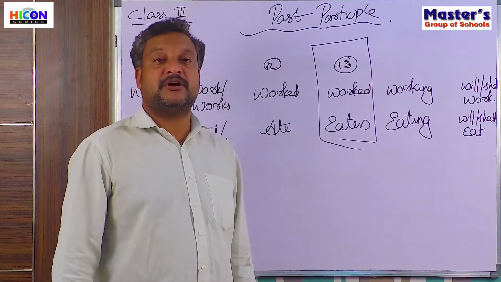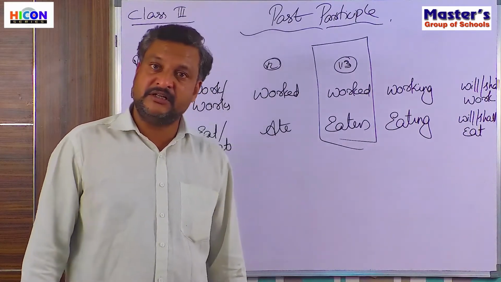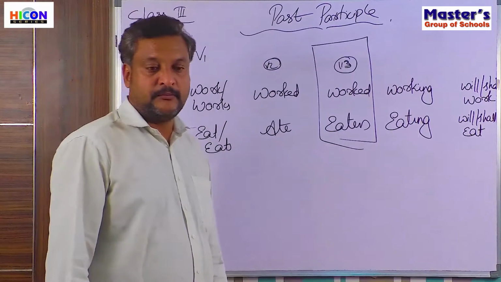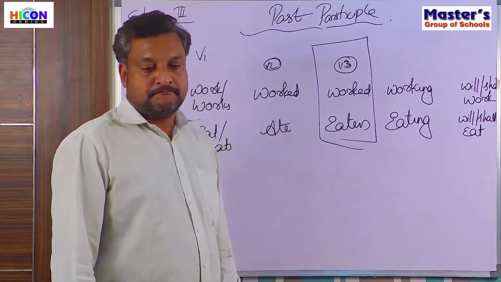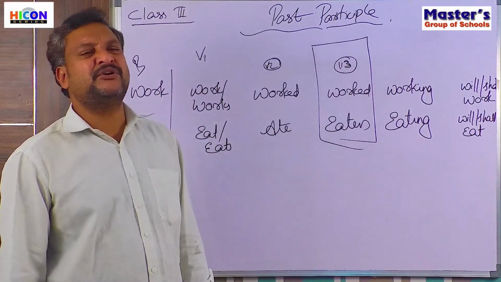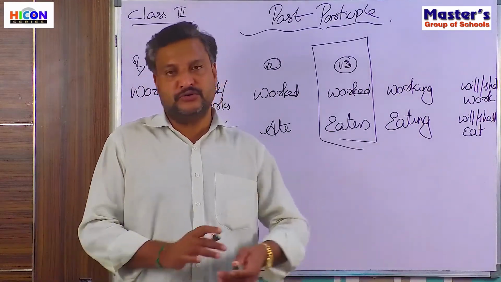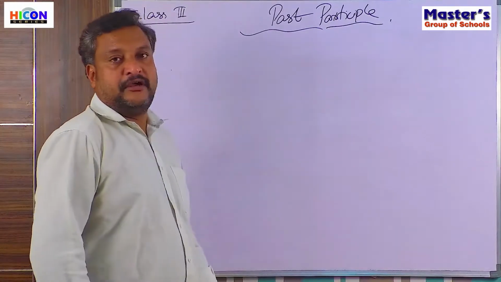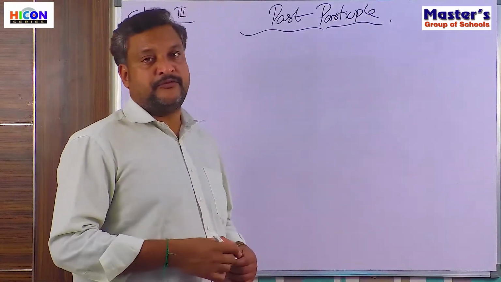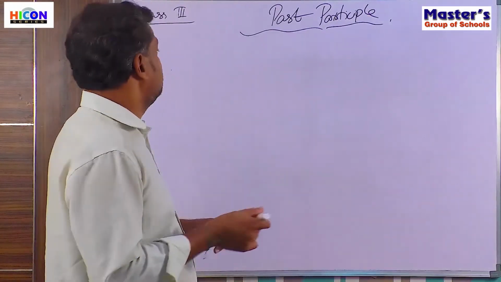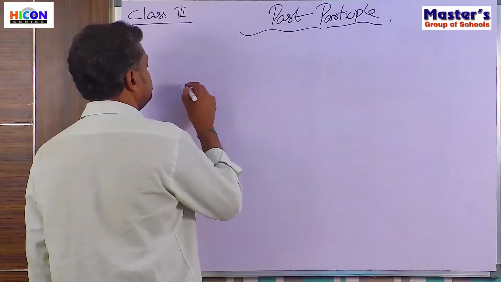Okay? And it is usually used to qualify or modify the noun. Every verb has got 5 forms, and the third form is called the past participle.